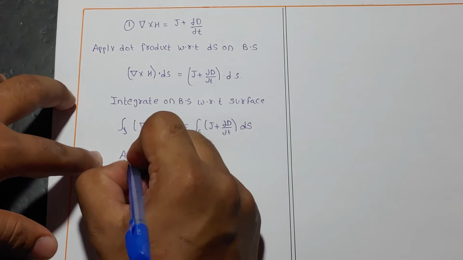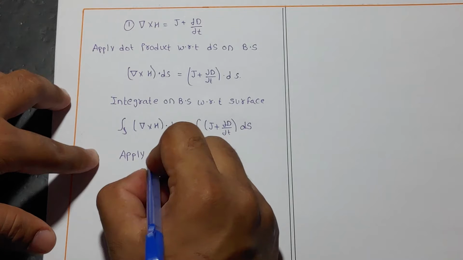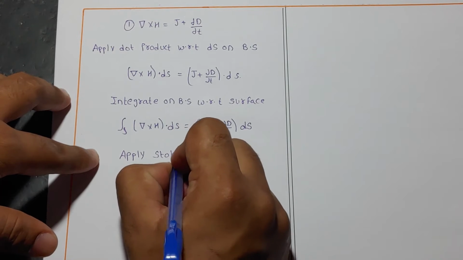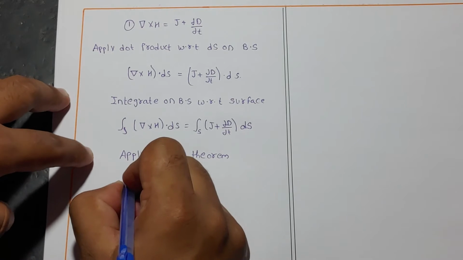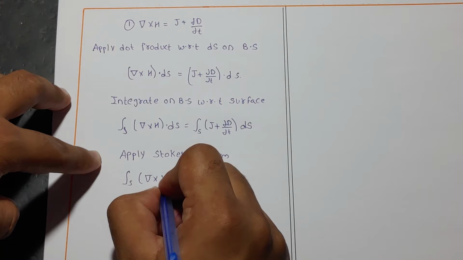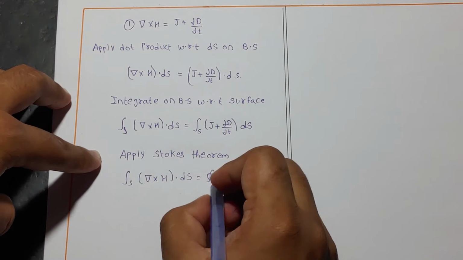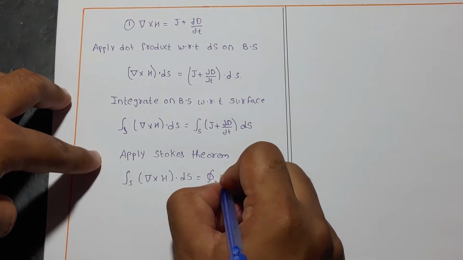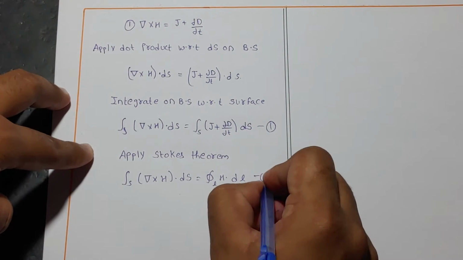Now apply Stokes theorem. As this is in the form of Stokes theorem, apply Stokes theorem, that is surface integral of del cross something, in this case H dot ds is equal to closed line integral of H dot dl. This is equation 1 and this is equation 2.